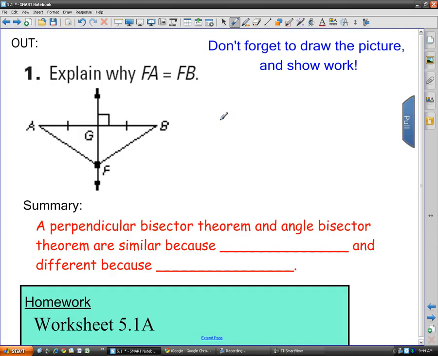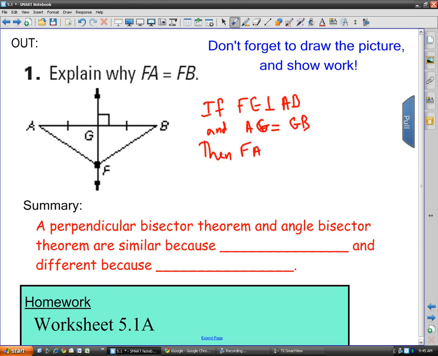What I notice on this one is that if FG is perpendicular to AB and AG is equal to GB, then FA is equal to FB by the perpendicular bisector theorem.